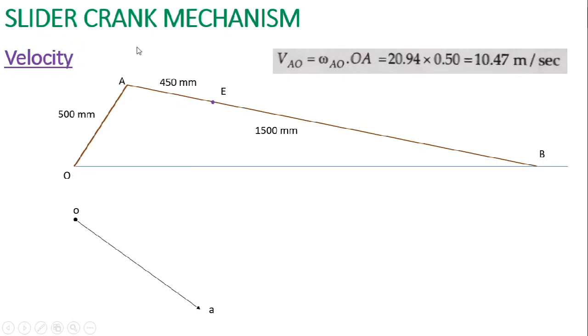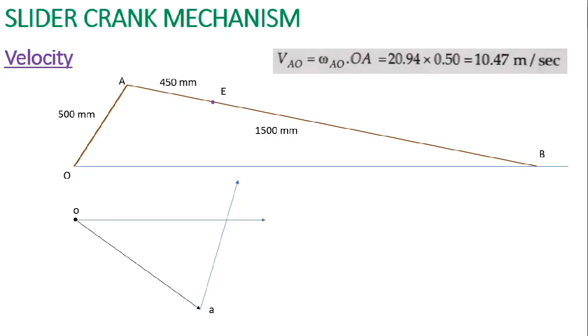Next, here we have the connecting rod AB, but we don't know the magnitude of the velocity of AB. The only thing that is known is the direction, which is perpendicular to that link AB. So we draw the next vector perpendicular to AB. Also we know that the velocity of the slider will be along the horizontal, but the magnitude is unknown.